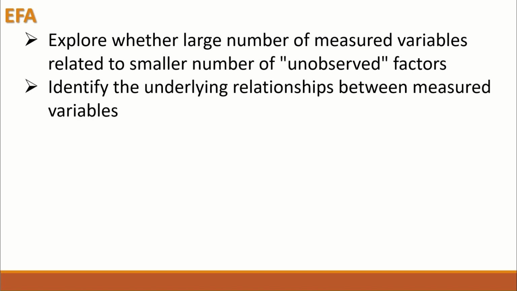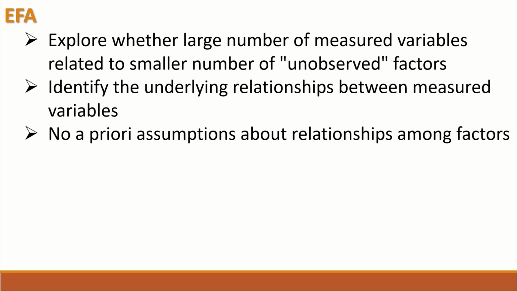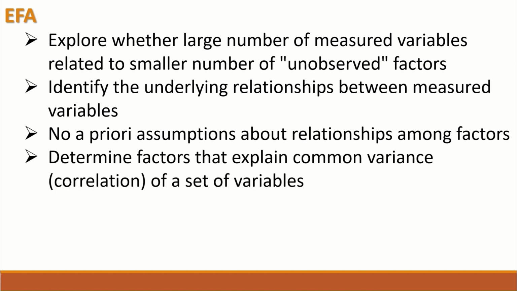It aims to identify the underlying relationship between measured variables, to find out whether there is a correlation between variables. It assumes no prior relationship among factors, so there is no correlation between factors, but there might be a correlation between certain items that might load on or measure a specific construct or factor.